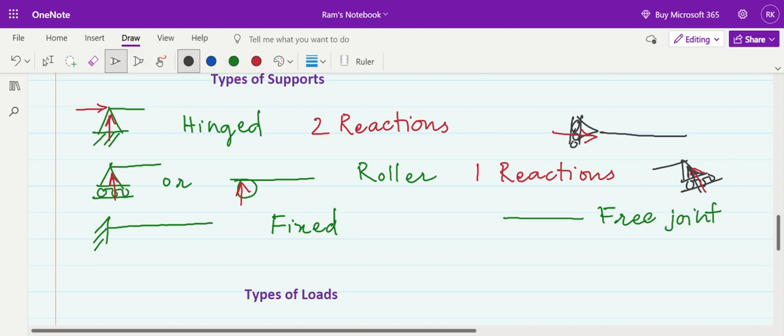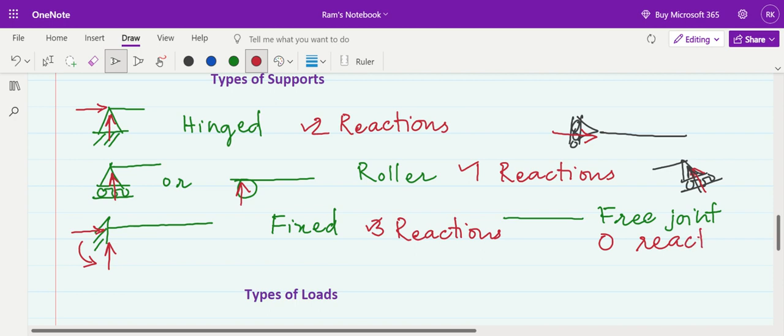So in all, a roller support offers only one reaction, whereas a fixed support offers three reactions: two force reactions and one moment reaction. So three reactions for a fixed support, two reactions for a hinge support, and one reaction for a roller support, whereas a free joint will not offer any reactions.